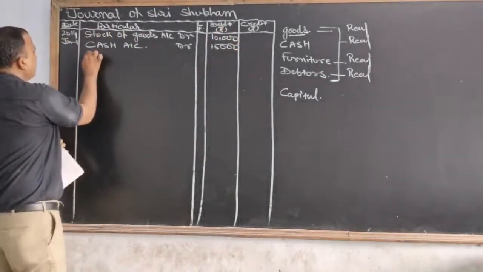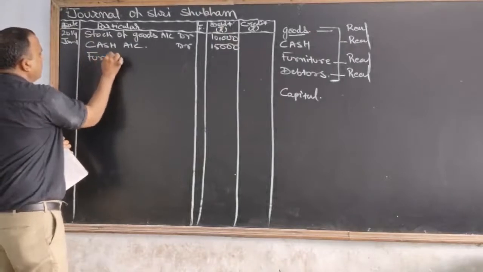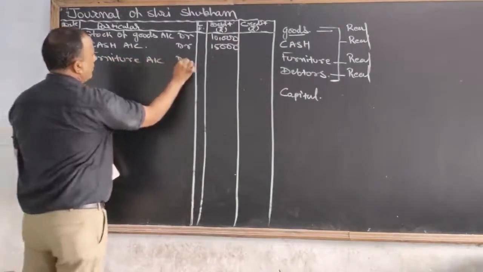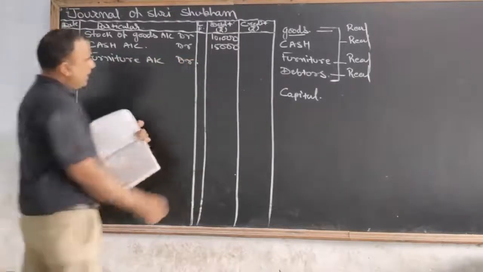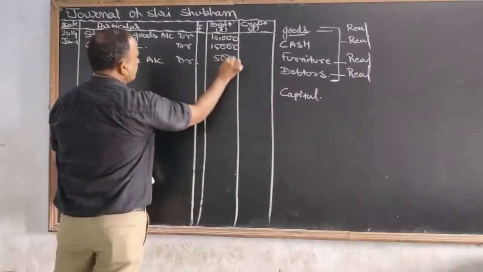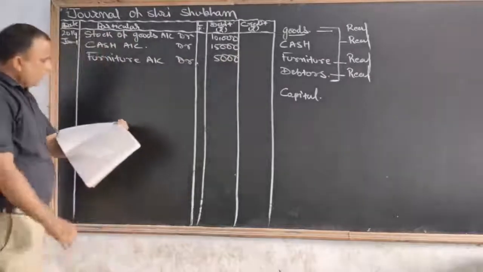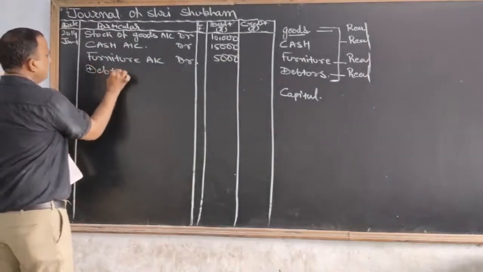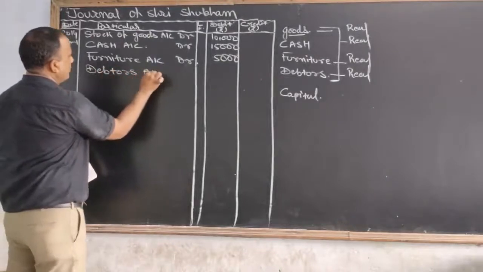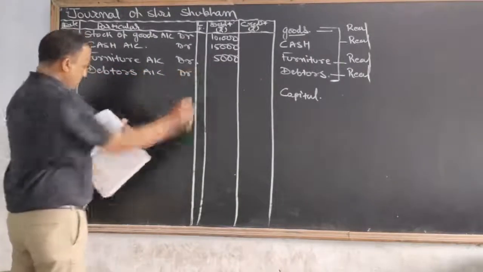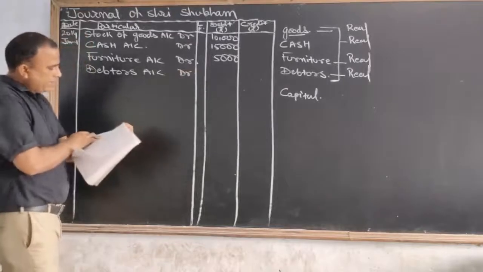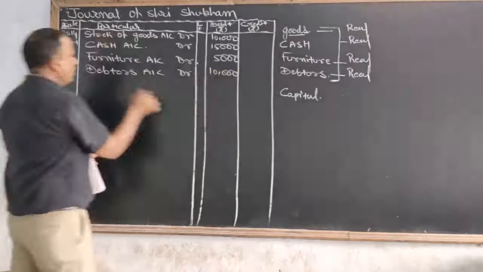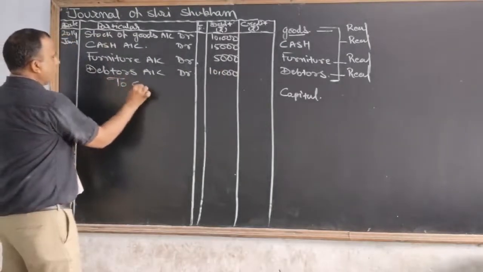Furniture account here by 5,000. Debtors account here by 10,000. To capital account.